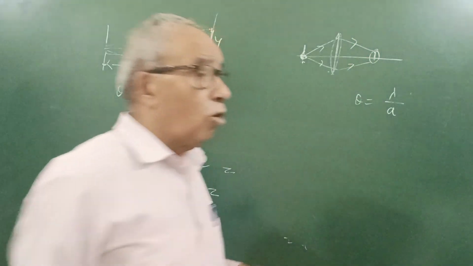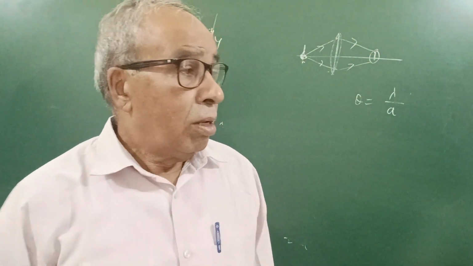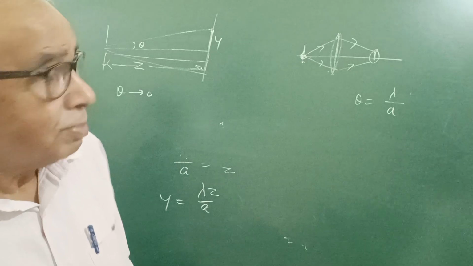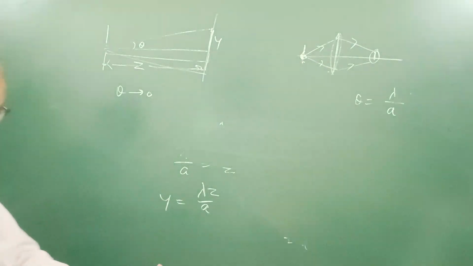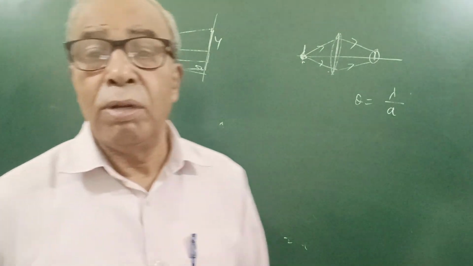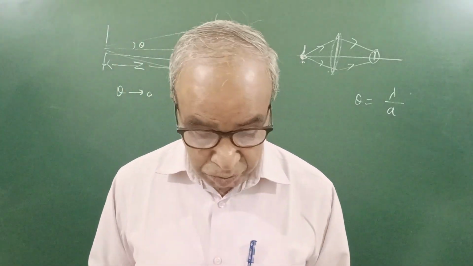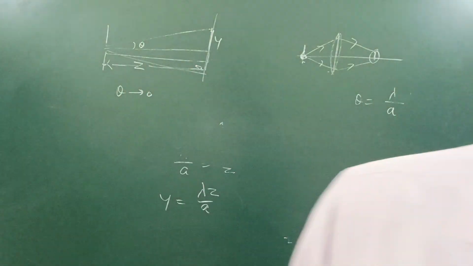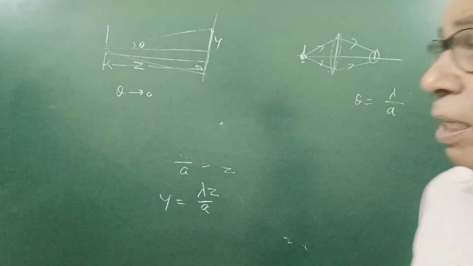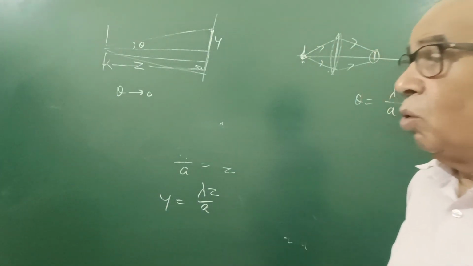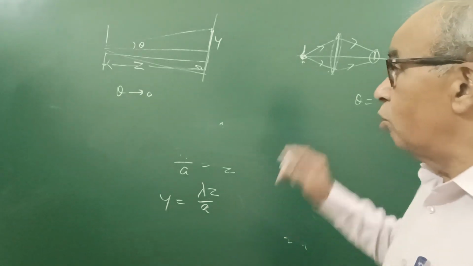Diffraction of light causes this trouble, and when the distance between two objects becomes very small, we cannot resolve that distance. I hope you have got my point, and it will be more clear when I do numericals for you.